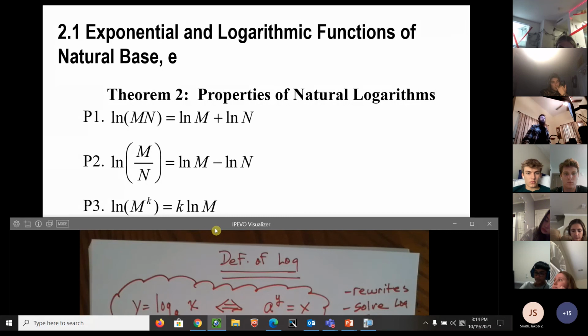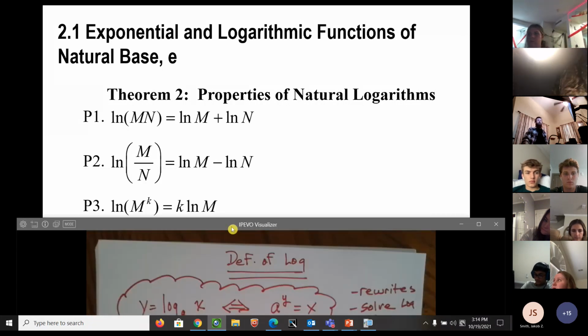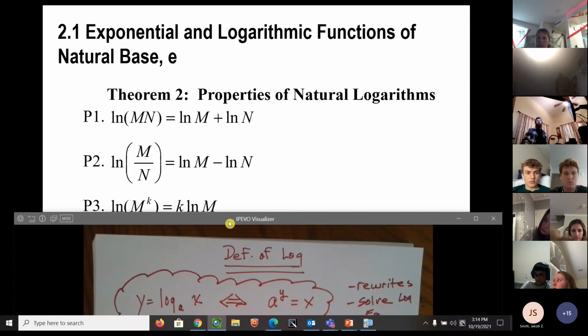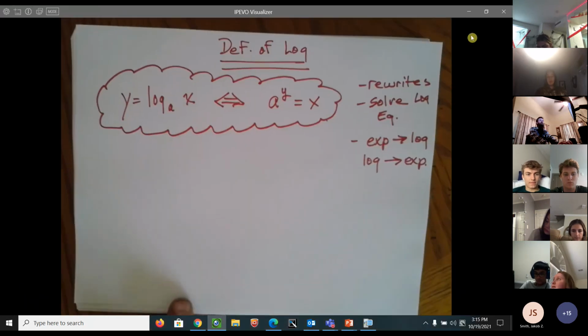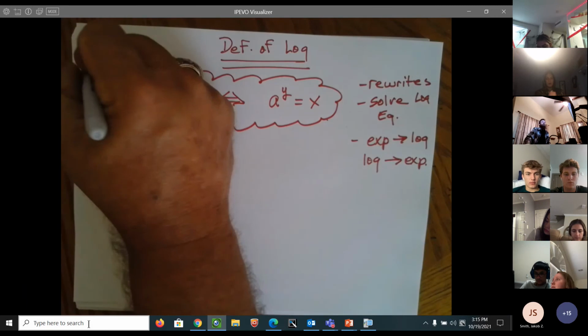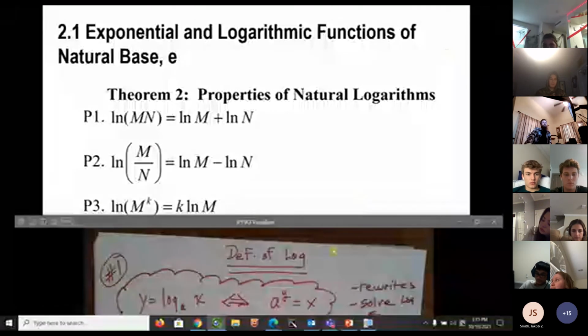So it can help you with many things. So make sure you understand the definition of a logarithm. I would say that would be number 1. And then the rest of them, number 2, number 3, and so on.